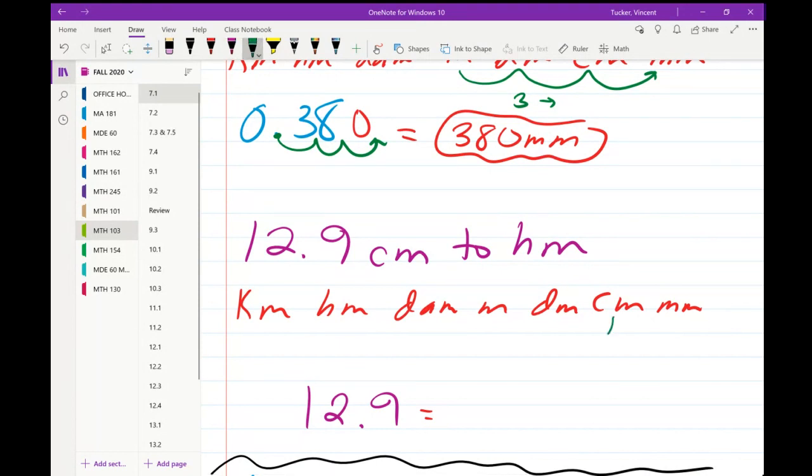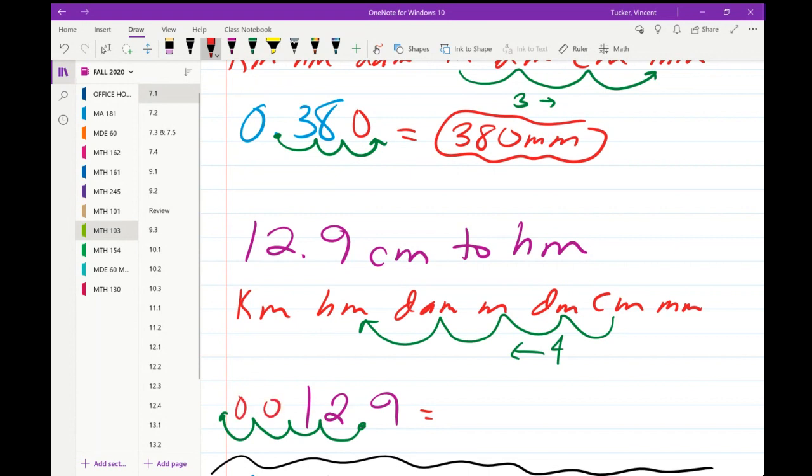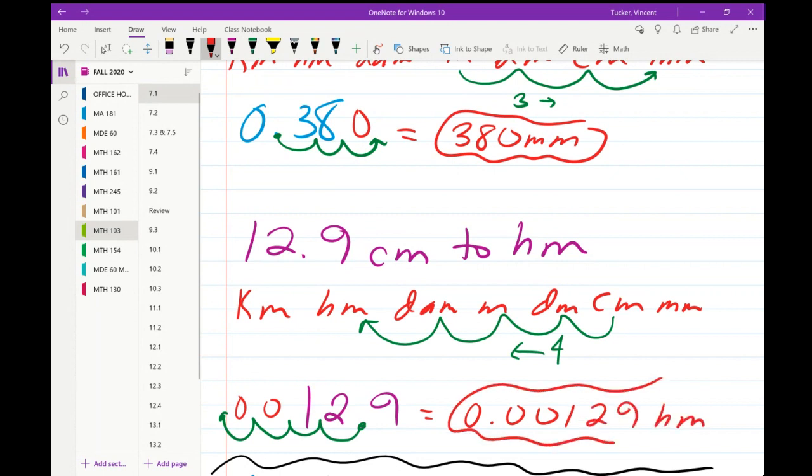So you start at centimeters and go 1, 2, 3, 4 to the left. Take your decimal, 4 to the left, and we have 2 zeros as placeholders. So that's 0.00129 hectometers.